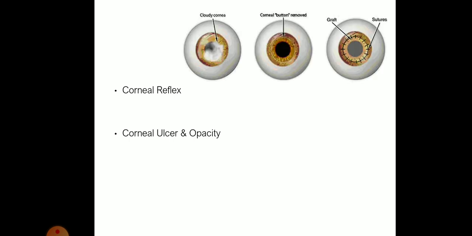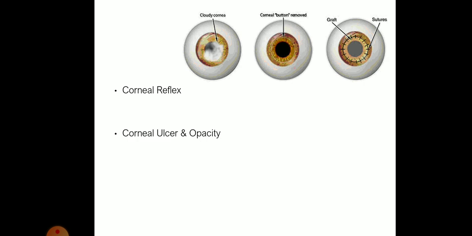Whenever the cornea is dry, or when some trauma occurs to it, there will be corneal ulceration, leading to opacity of the cornea. When the cornea is opaque, you are not able to see, and it is also called blindness. But these are all reversible causes of blindness.